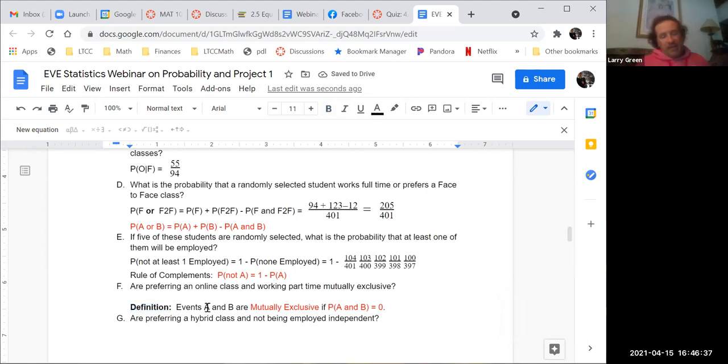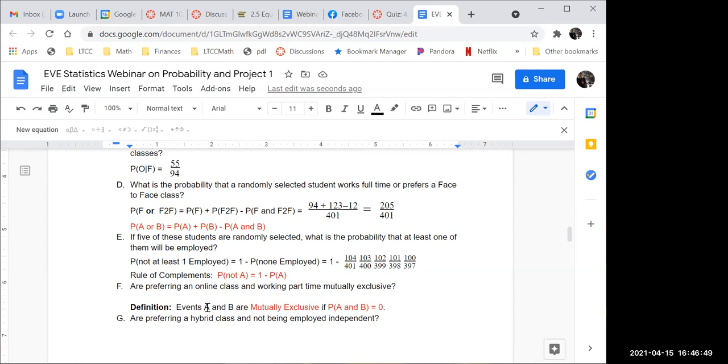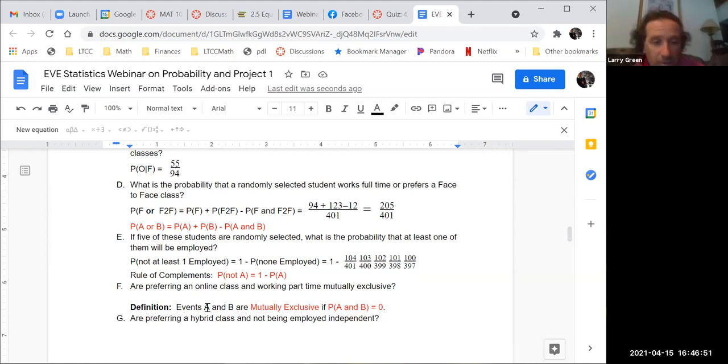Okay, so if the probability of A and B equals 0, then we call them mutually exclusive. What could you say if the probability equals 0? What does that tell you? Just in words? It's not going to happen. Yeah, it's impossible. Okay, it's impossible for both of them to happen.